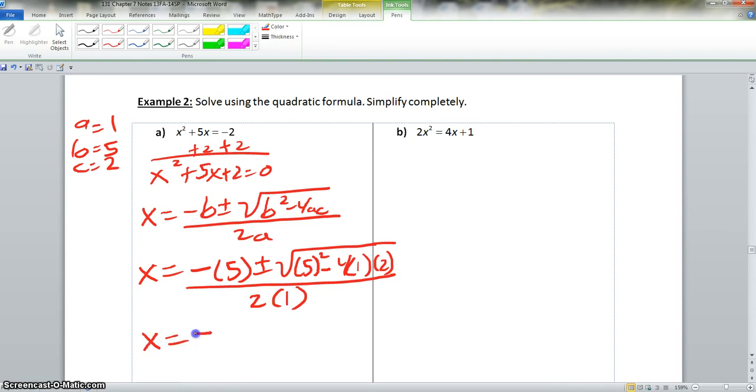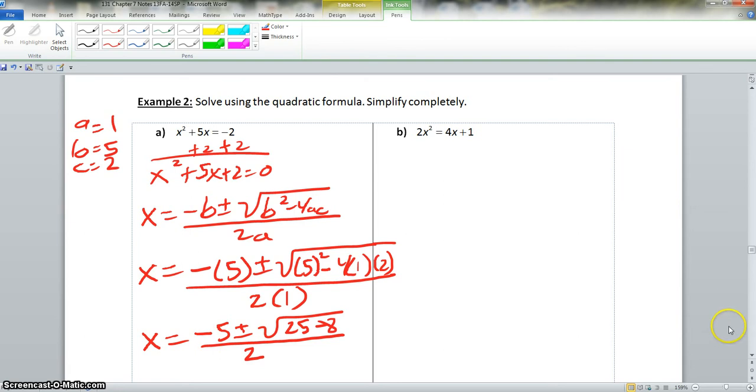So we have x is equal to negative 5 plus or minus the square root of 5 squared is 25, minus 4 times 1 is 4 times 2 is 8, all over 2 times 1 is 2.